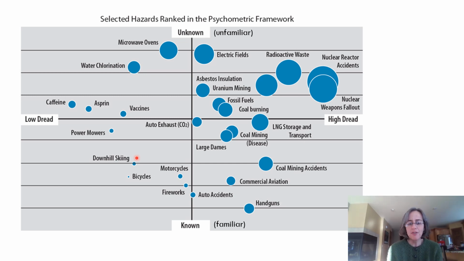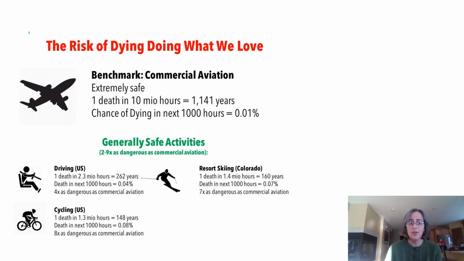And this is just part of human nature. This is part of how our brains and our psychology work. The unfortunate truth is it gives us a very skewed sense of what things are actually health risks to us and which things are not. So if you actually look at the data, if you look at how safe it is to fly on a commercial airline, it is extremely safe, okay? So your chance of dying in 1,000 hours of flying on commercial airplane flights is 0.01%.